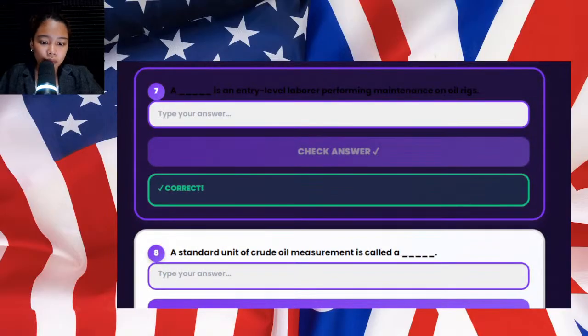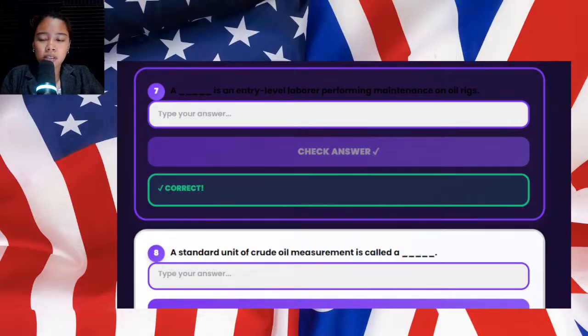Okay, that is correct. So, aside from roughneck, roustabout also refers to the laborers, the workers. They serve as the foundational workforce on an oil rig or within an oil field. They are often described as the backbone of the oil industry because this role is essential for maintaining the busy environment and operational flow of both onshore and offshore drilling sites.